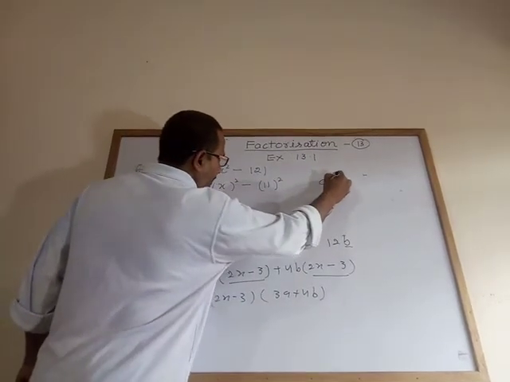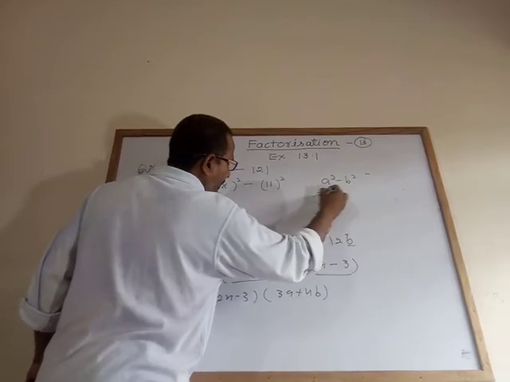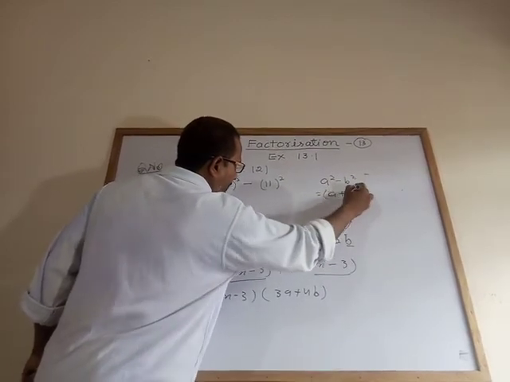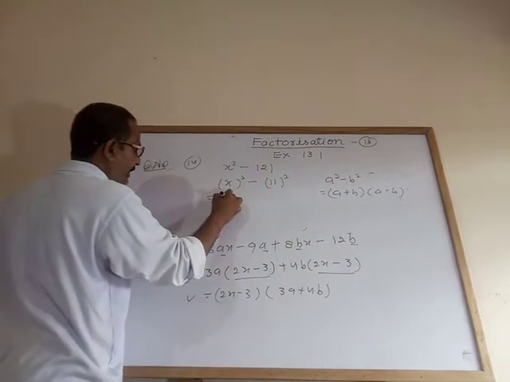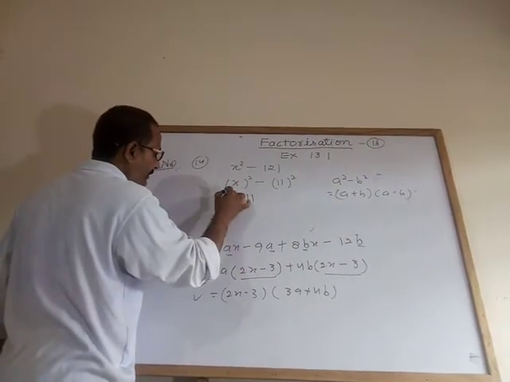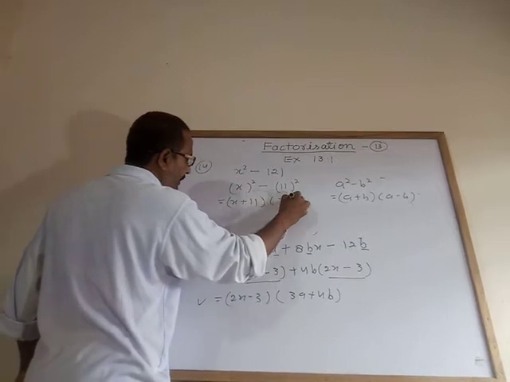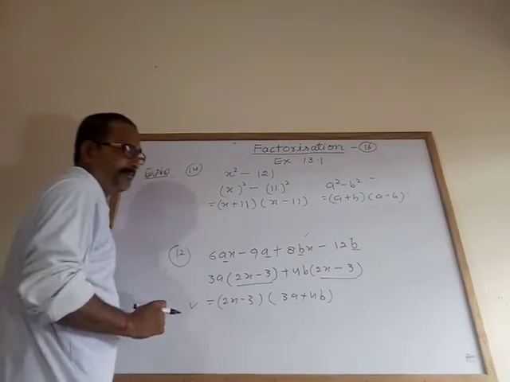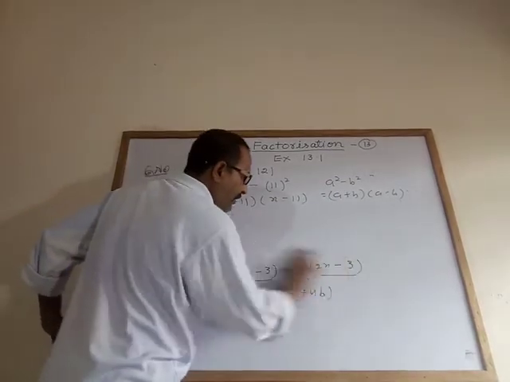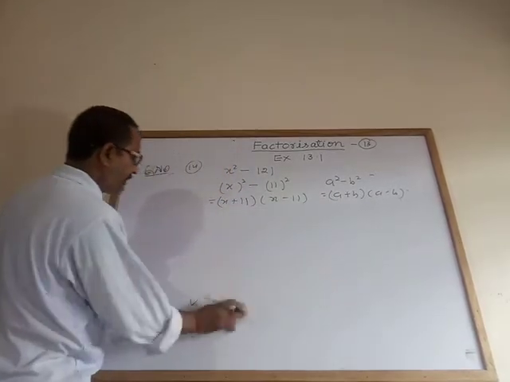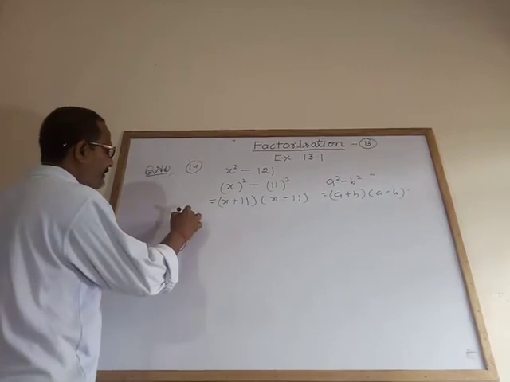Now this is again in the form of a square minus b square, a plus b and a minus b. Again x plus 11, x minus 11. Question number 14. Now question number 15 you have to do. 16 you see that. Question number 16.